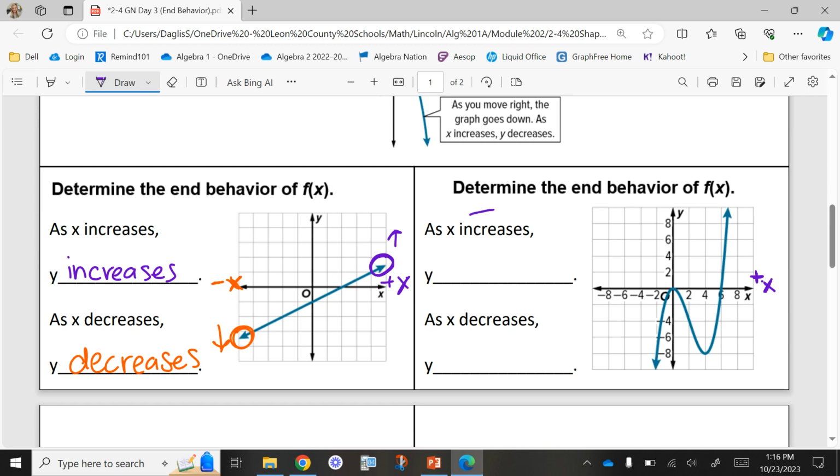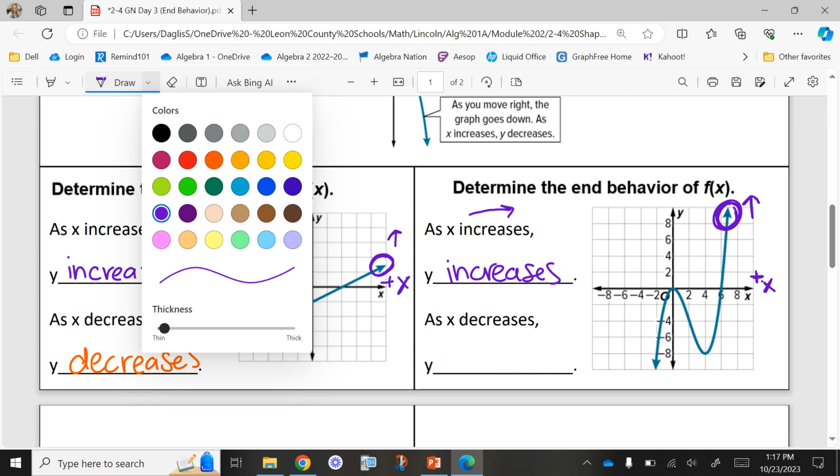So as x increases on the right side, what are my y's doing? Increase. They are going up, right? So that is increasing. Yeah, so you're gonna say left, right, up, down. Okay? So on the right side, we're going up, is what we're saying. As my x's increase, my y's also increase.